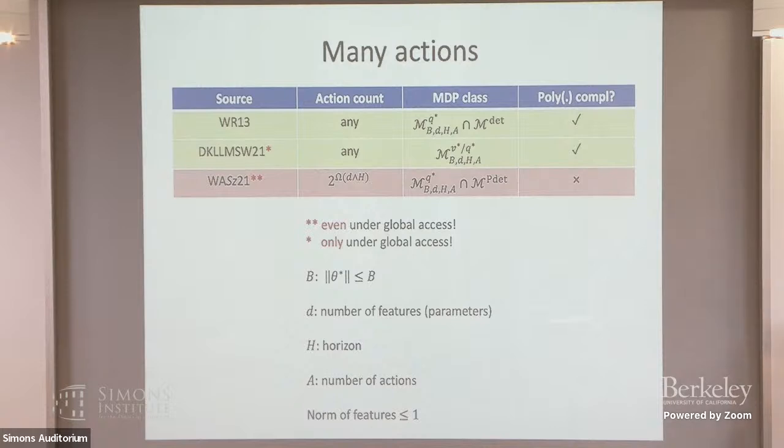That's query efficient. It's not computationally efficient. Basically that algorithm needs to read the whole state space and do a bunch of calculation. It's doing this version space pruning. It's pretty aggressive, and it really needs this global access. We will see it on the next slide.